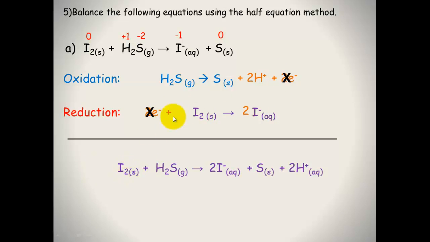So I end up with a final equation of iodine plus dihydrogen sulfide goes to my 2 iodide ions plus sulfur plus my 2 hydrogen ions from here.